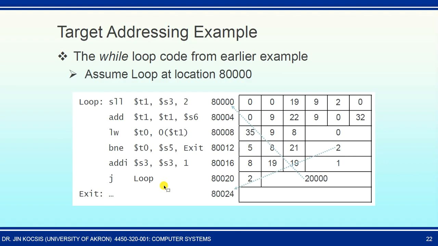The format I use is the J format: the first 6 bits are the operation code, then it continues with the 26-bit constant field. The operation code is easy; I will provide it in the table. That will be 2, which you need to translate into a 6-bit binary number.